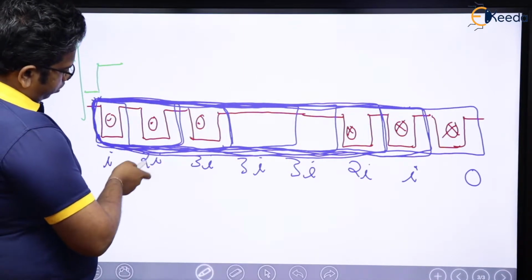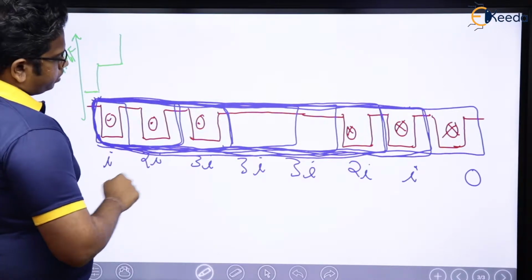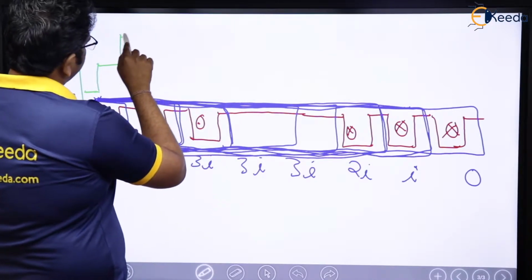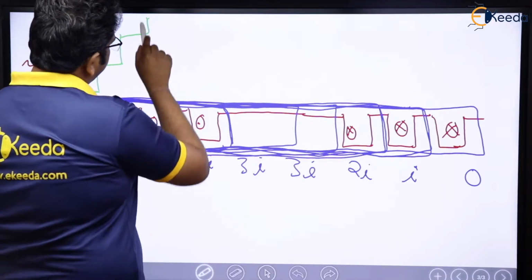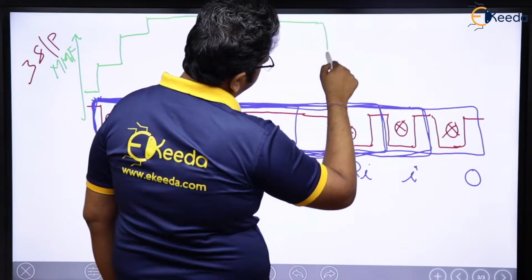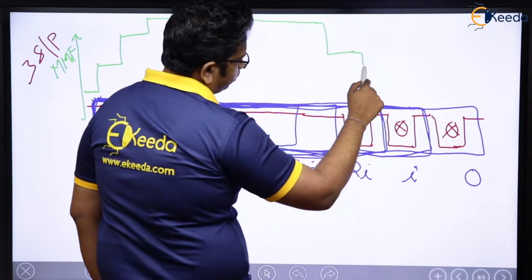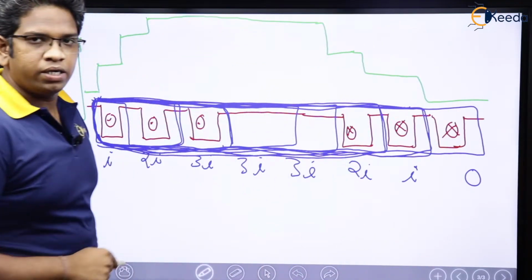Then here it is 2I. From here to here, this is going to be 2I. Then from here to here, this is going to be 3I, right? And then this 3I goes up to here, and then again it is going to be 2I, then again 1I, and then it is going to be 0, right?